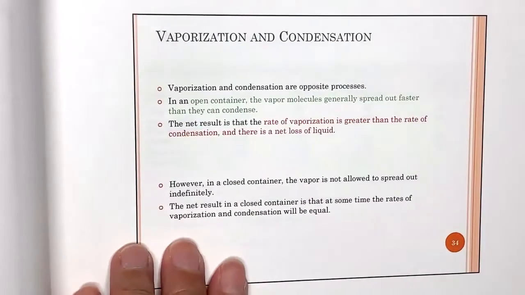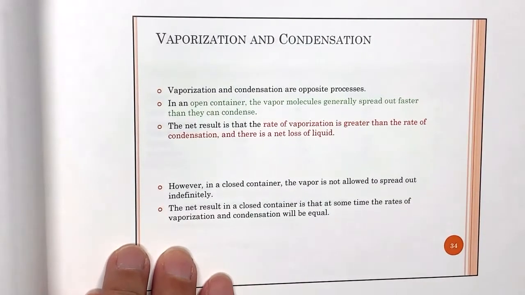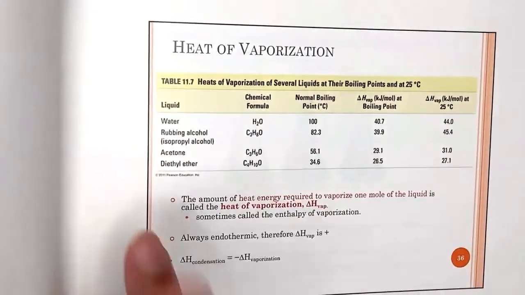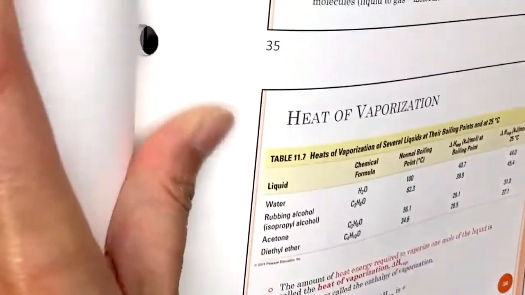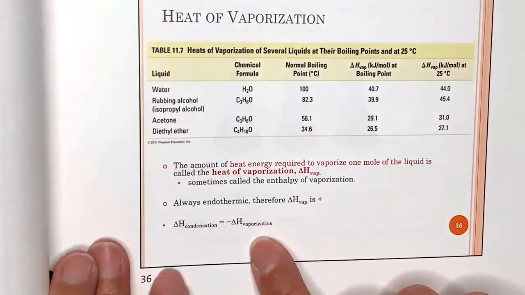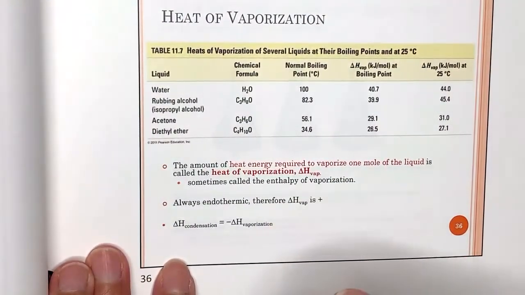Because they are opposites, they are complementary, okay? If you take a look at the heat of vaporization, because you need to put heat in to vaporize something, it's a positive sign, right?